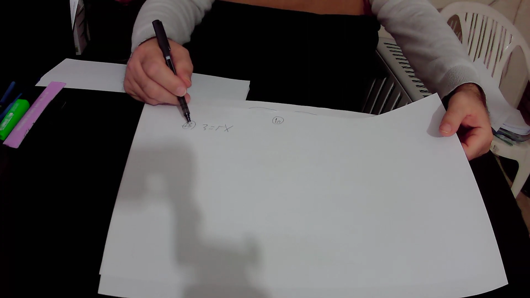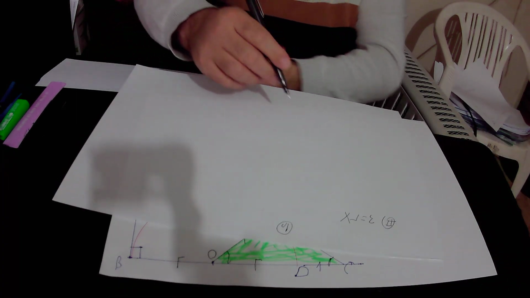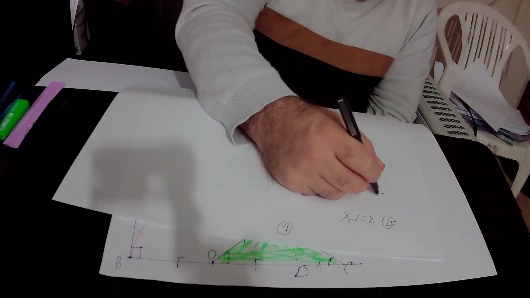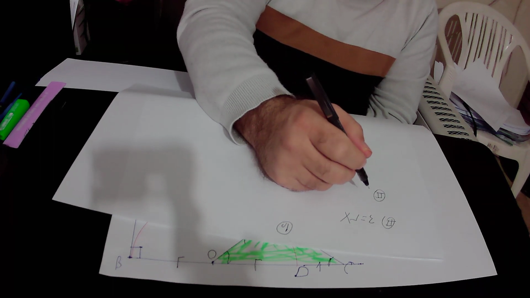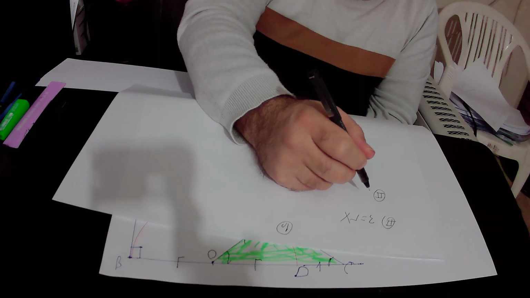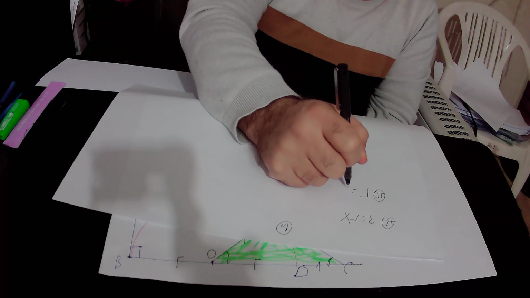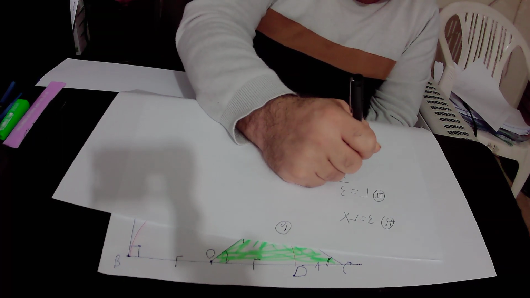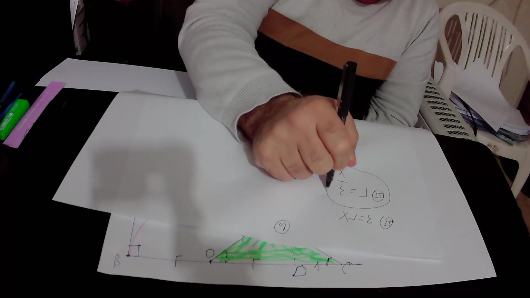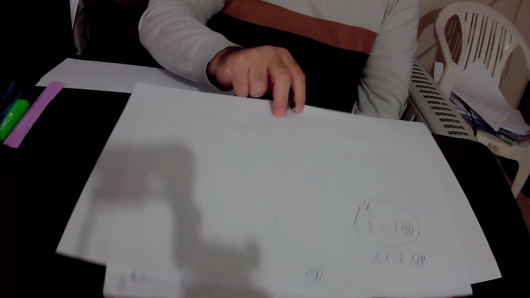So we will divide equation number 2 by x, and we will get that the radius of the semicircle R equals 3 over x. So according to equation number 2, the radius of the semicircle equals 3 over x.